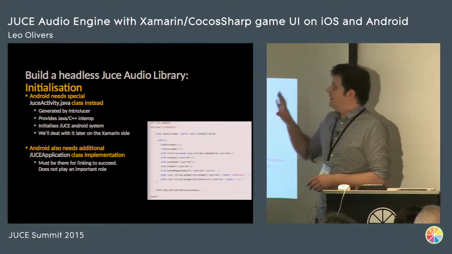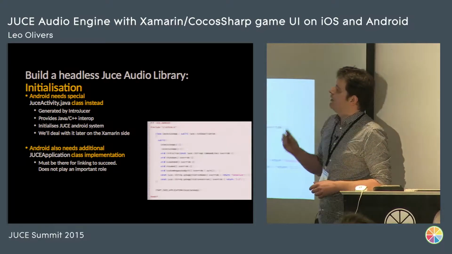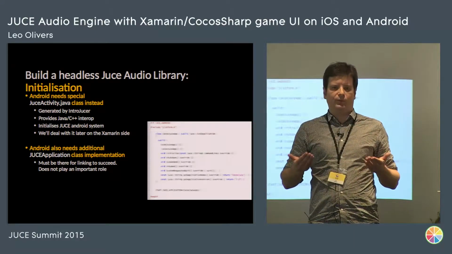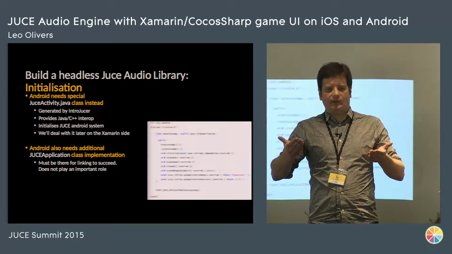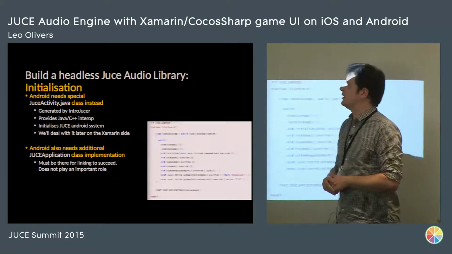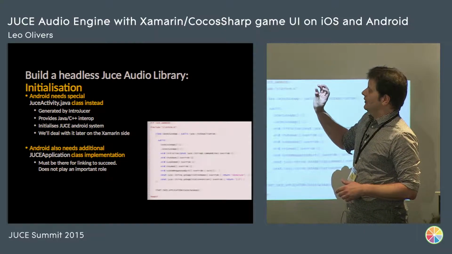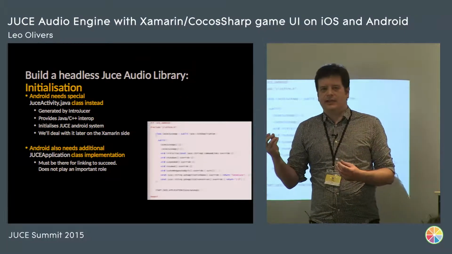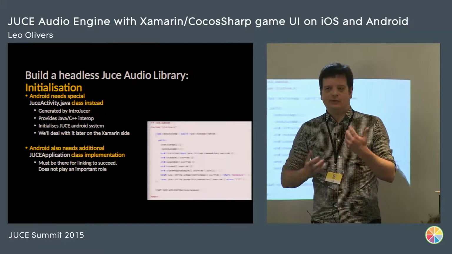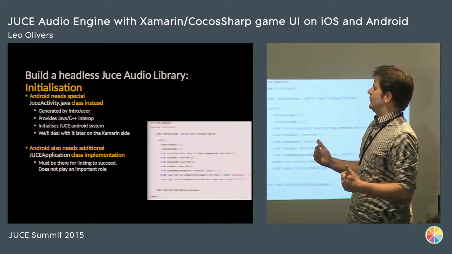On Android, it's a little bit more involved. First of all, what you need to remember is that when you generate your Android library, the Introjucer will also generate a Java source code class for you, which implements Java C++ interop, helps the JUCE C++ code to talk to the Android APIs, and also initializes the JUCE Android system.